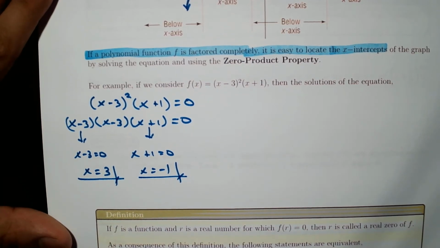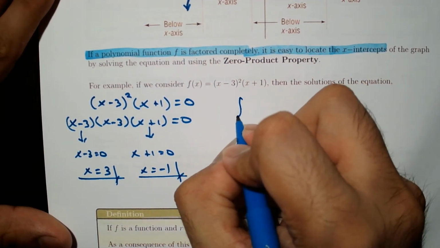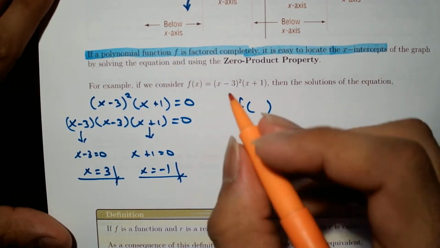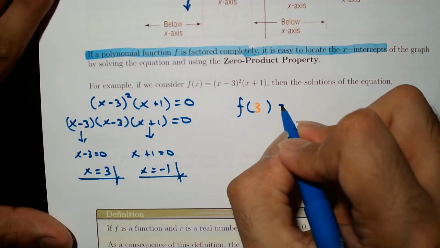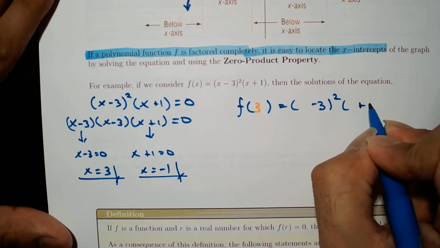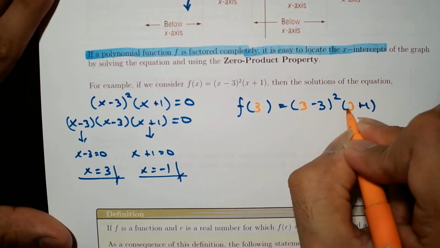And the reason these are called the zeros of the polynomial is because if I plug them in, for example, if I do f of 3, that's going to be (3 minus 3) squared times (3 plus 1).